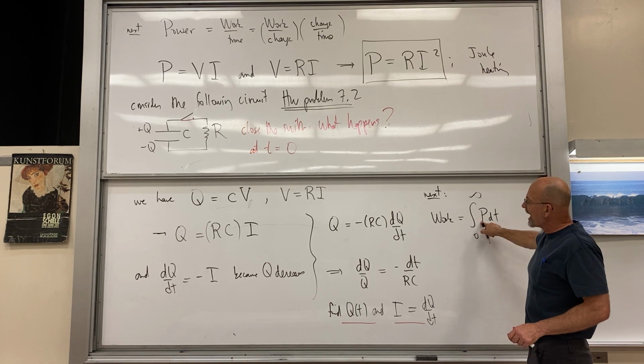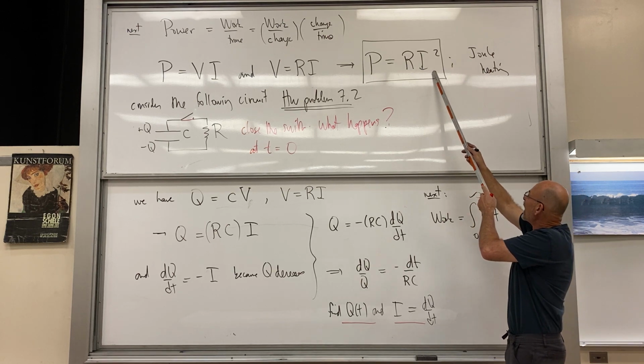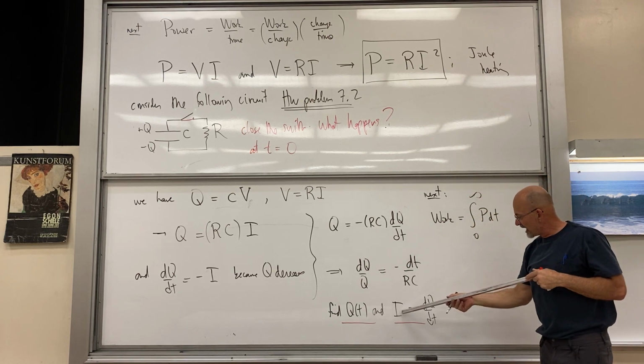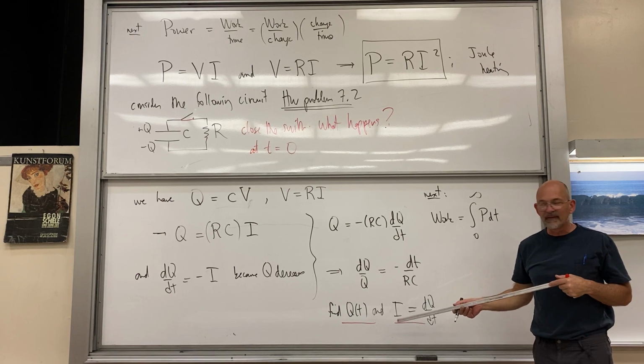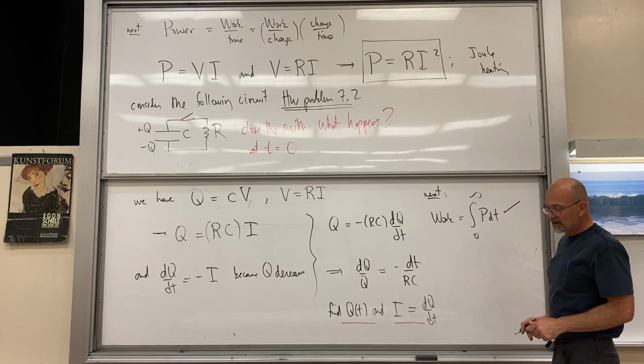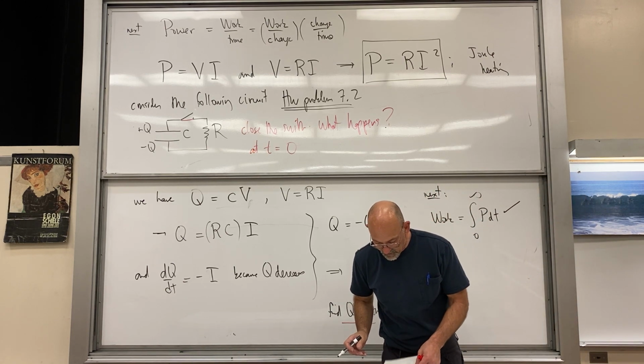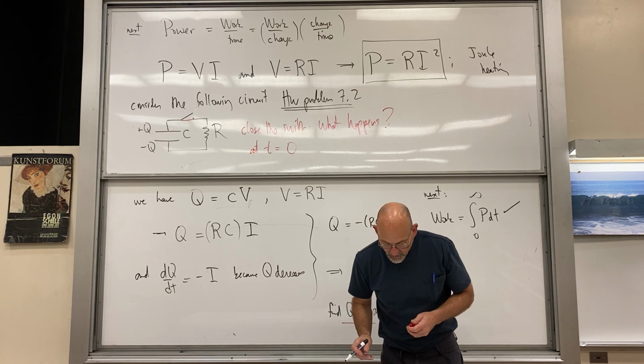And you're going to have your power, you'll use your Ri squared, and you'll use the I equals dq dt squared in there to do these kind of calculations. So that's interesting.